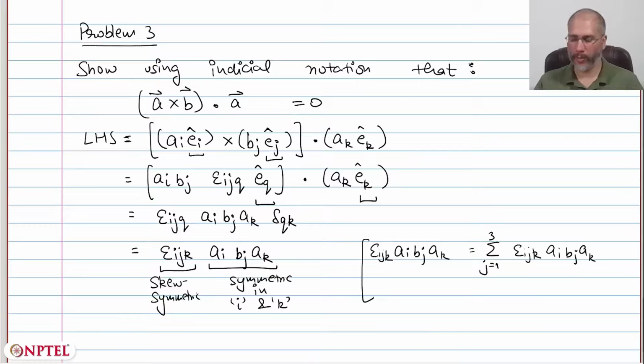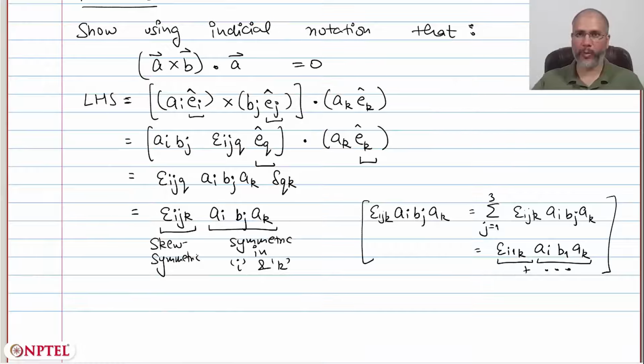I'm not putting a sum over the other indices as of now. So when you do this, you get epsilon_i1k times A_i B_1 A_k, and there will be other terms as well. Each term, if you take it individually, will be 0, because now B_1 can be kept separate, and you can consider A_i A_k as a second order tensor. The identity that we had written in the previous problem still holds.